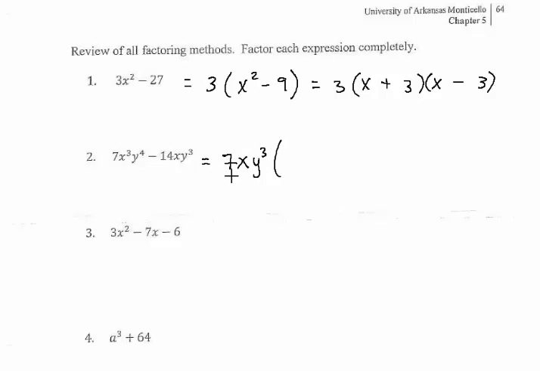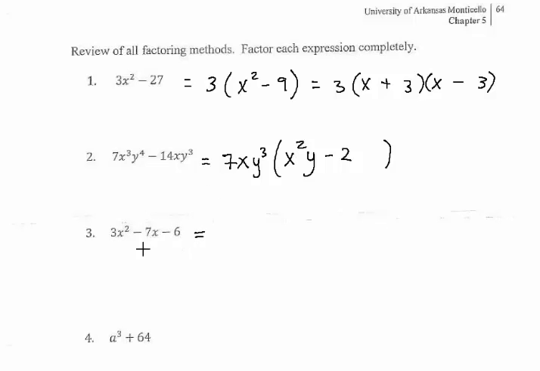Okay, so we write down our greatest common factor, we put parentheses to the side, and then inside these parentheses we put the remainder, which would be an x squared. 7 divided by 7 just gives us a 1, but x to the third divided by x is x squared, y to the fourth divided by y to the third would be a y. 14 divided by 7 is 2, and then x and y to the third completely cancel out when we divide it by our greatest common factor. So this second term of the remainder is simply a minus 2.